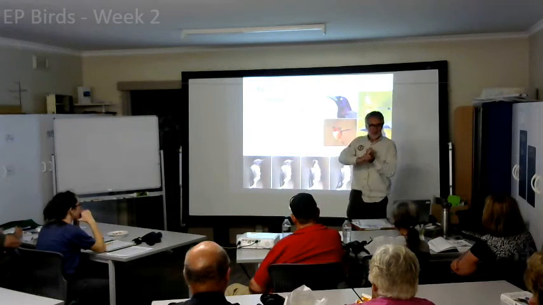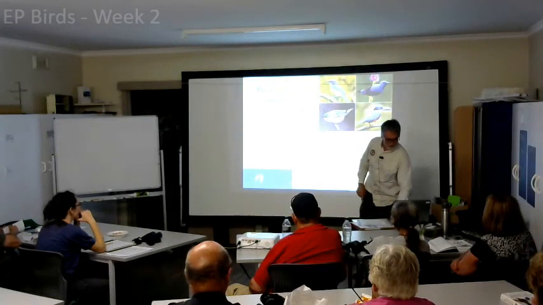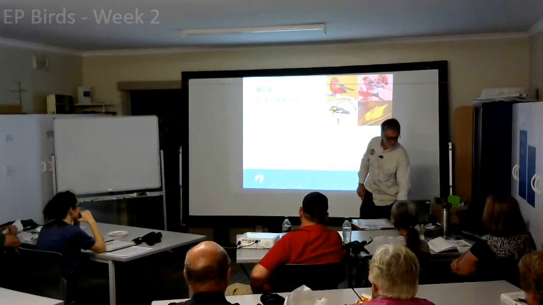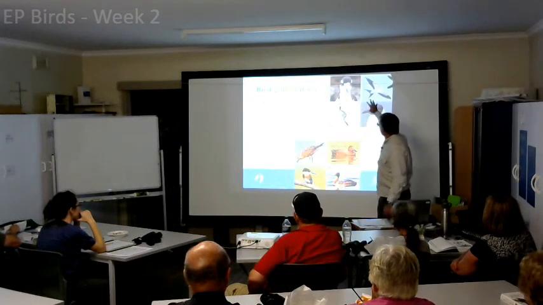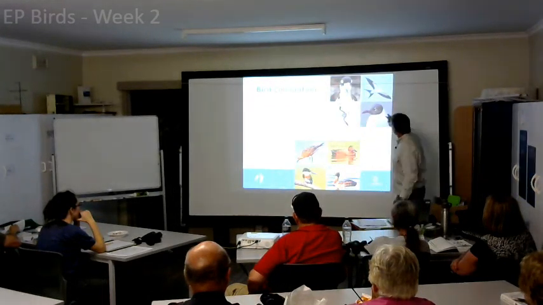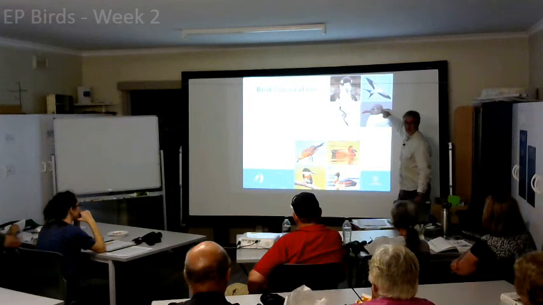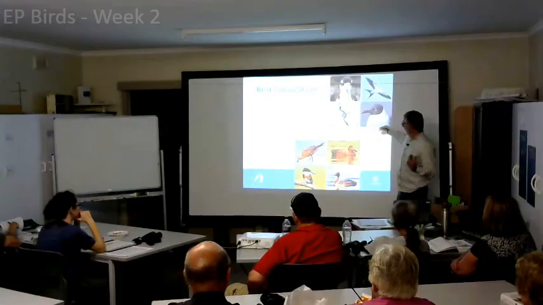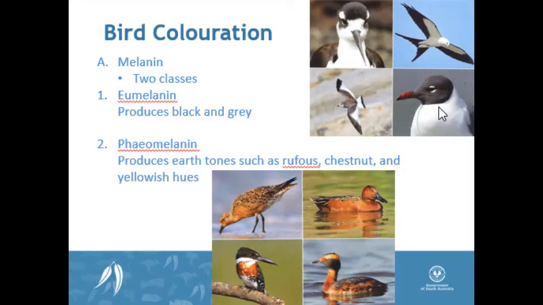Your melanins, going back to the start: the blacks where you've got melanin laid down in the feathers, the white where there's none, so all the colours are bouncing off. The browns where the melanin's laid down in the feathers, but it's a different type of melanin, pheomelanin versus eumelanin.